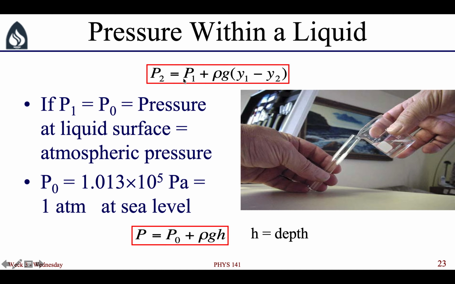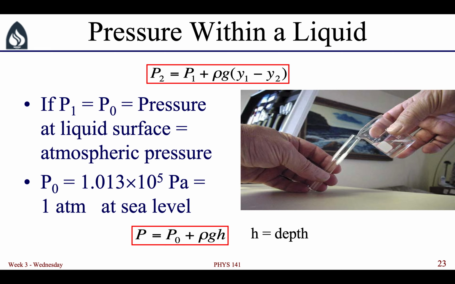So the atmospheric pressure is equal to 1.013 times 10 to the 5th pascals. And this may seem like a big number, and it is a big number. And that's because you have a lot of atmosphere pressing down on the surface of any fluid. The atmosphere is actually heavy because there is a lot of it.